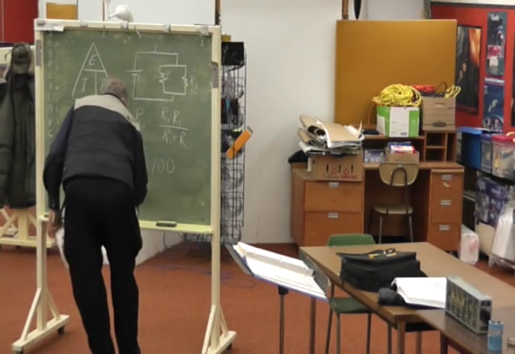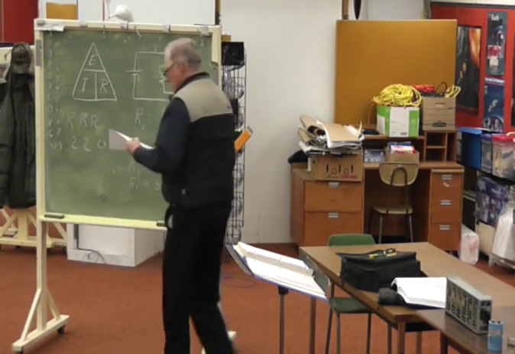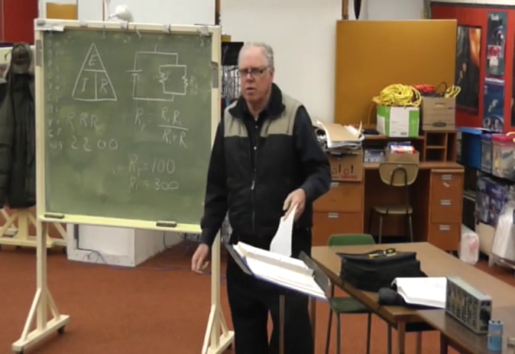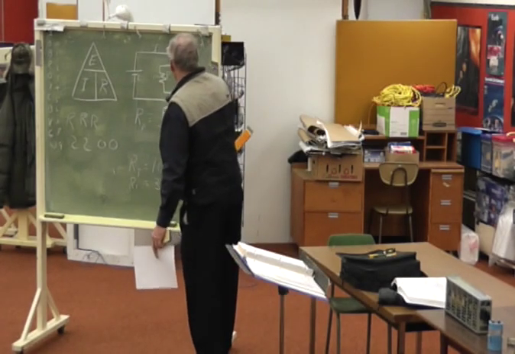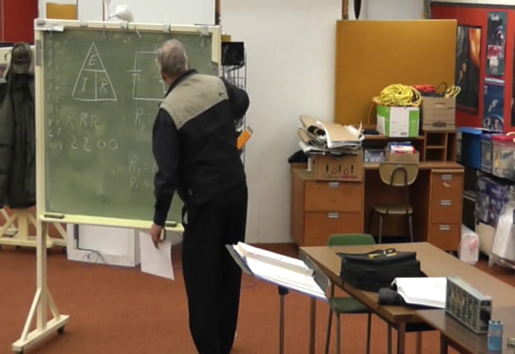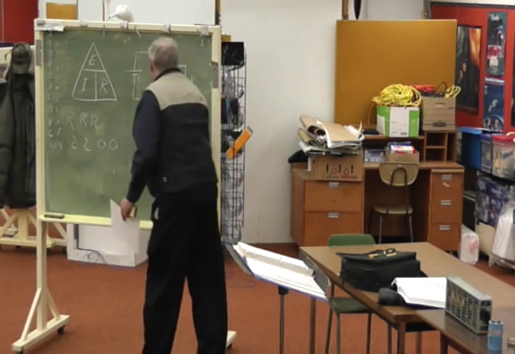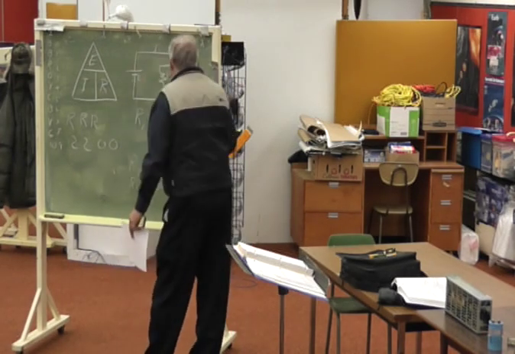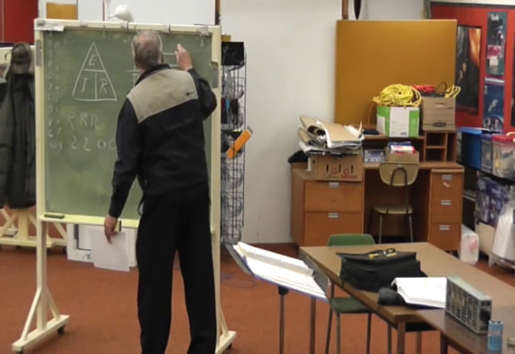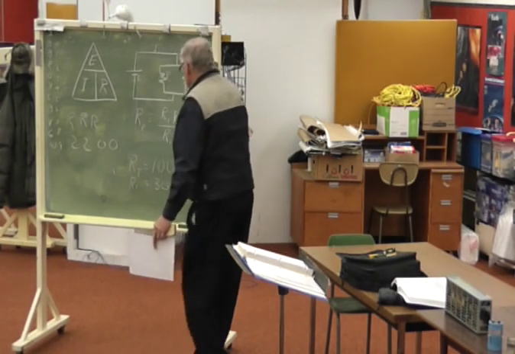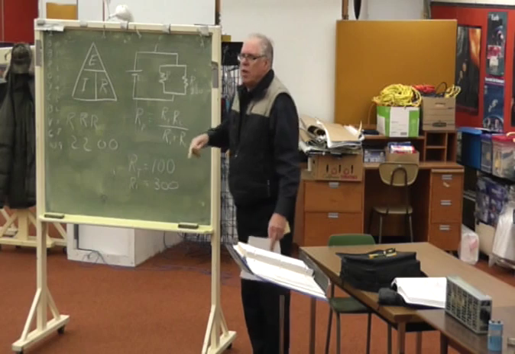And the one resistor I've got is 300 ohms. Okay, this is a 100 ohm resistor. Sorry. This is a 300 ohm resistor. And I want the total resistance across here to be 100 ohms. What kind of a resistor would I put in parallel?